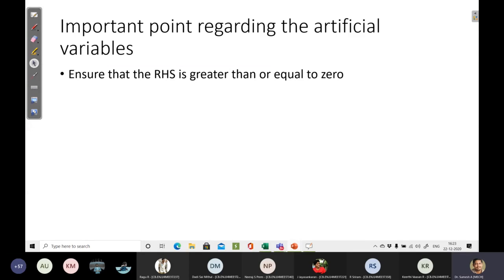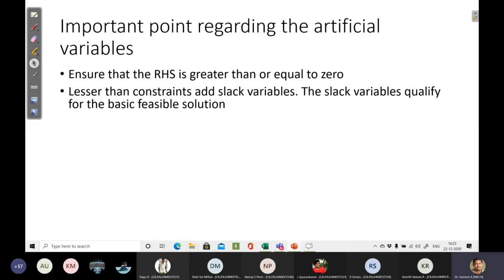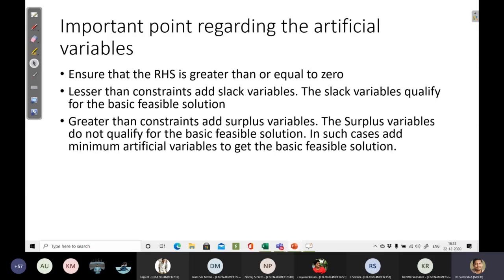For a greater than constraint, add a surplus variable. It's not adding, it's basically subtracting the surplus variable. Surplus variables do not qualify for the basic feasible solution. In such a case, add minimum artificial variables to get the basic feasible solution. Don't add artificial variables just to add them. Do it only if no basic feasible solution exists.